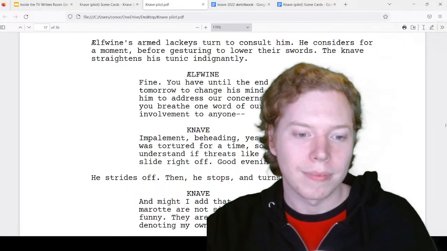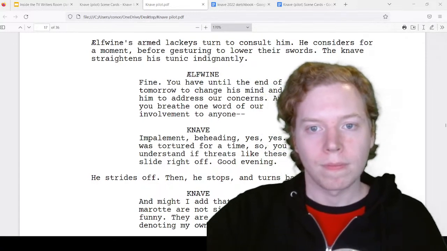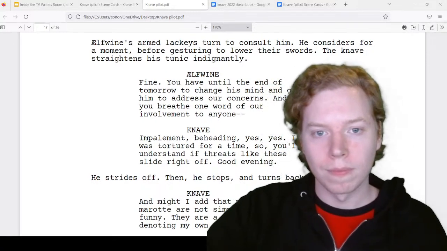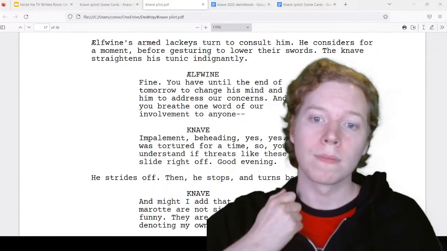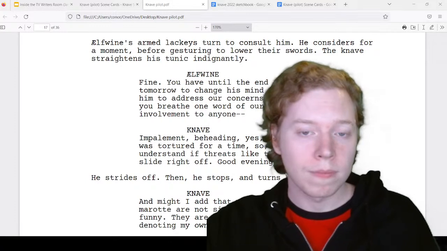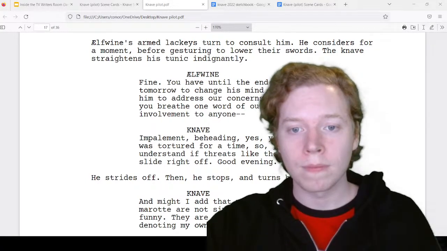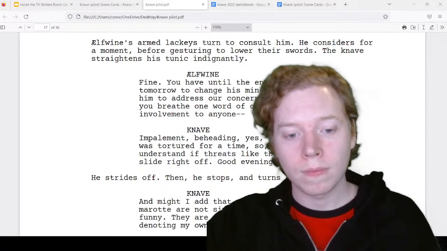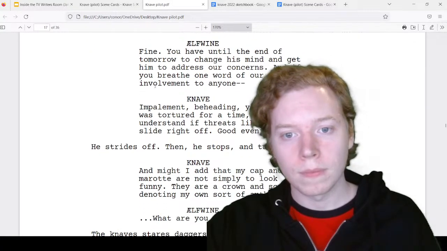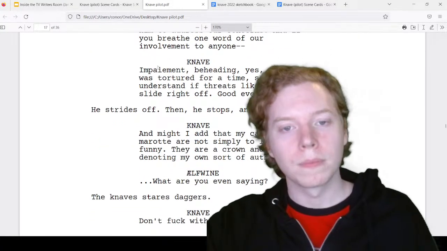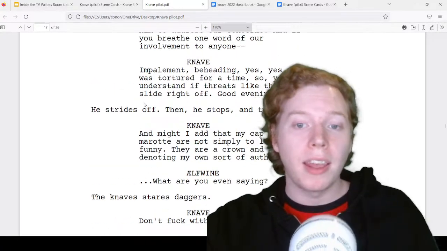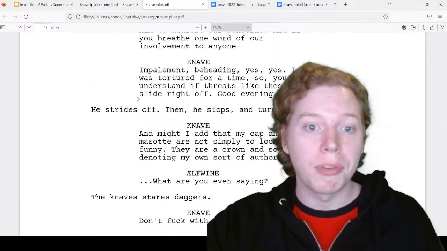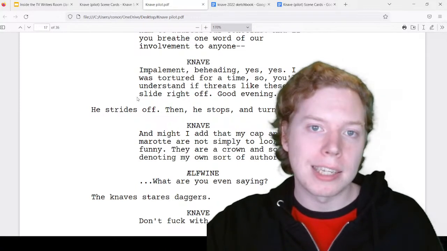Elfwine's armed lackeys turn to consult him. He considers for a moment before gesturing to lower their swords. The knave straightens his tunic indignantly. Fine. You have until the end of tomorrow to change his mind and get him to address our concerns. And if you breathe one word of our involvement to anyone... Impalement, beheading, yes. I was tortured for a time, so you'll understand if threats like these slide right off.